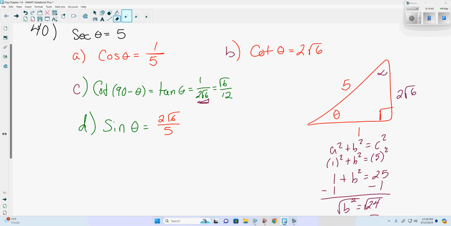So if secant's that there, cotangent of 90 minus theta is equal to tangent, yes. Tangent of this angle is going to be opposite over the adjacent, which should be square root of 2 over 1.